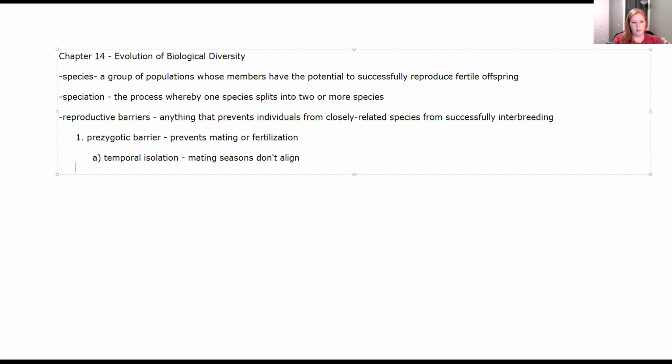So even if two closely related species live in the same habitat and have access to each other, if their mating seasons are different, they will not ever mate because the timing will never be right for one of them, okay? Then we have habitat isolation. Quite simply, they live in different habitats so that physically they don't cross over. They don't come in contact with each other.